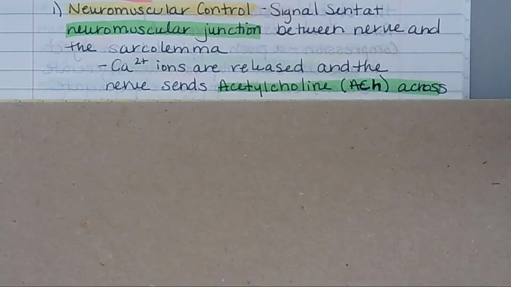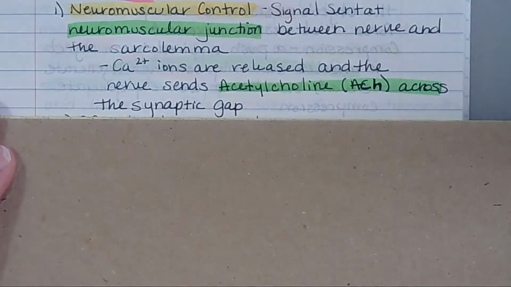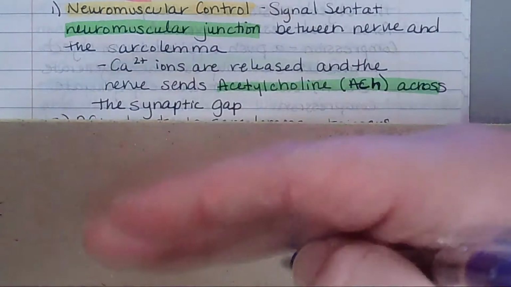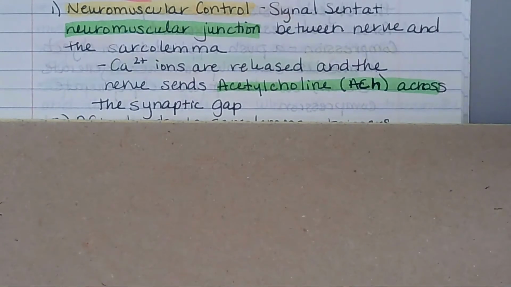And by releasing that signal, the nerve sends acetylcholine, or ACH, which is the neurotransmitter that's responsible for muscle contractions. It sends it across this gap, because your neuromuscular junction has a little bit of space between the two, and I'll show you an image of that in your other resources.